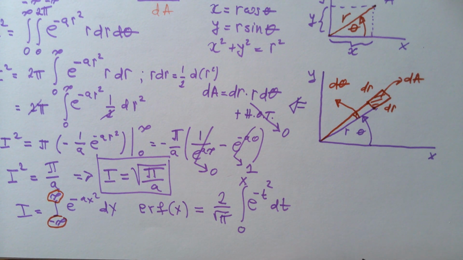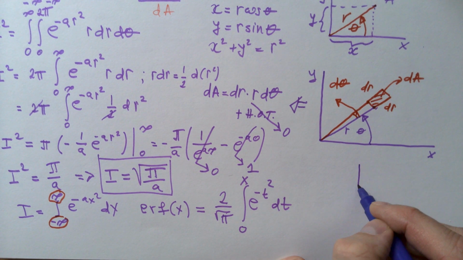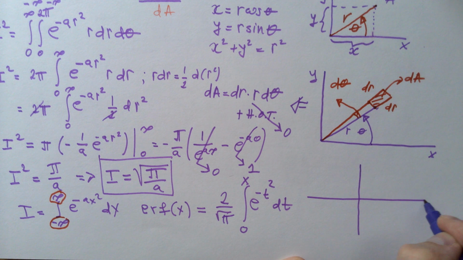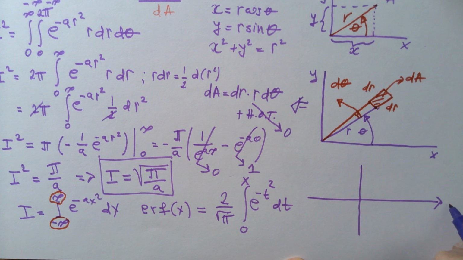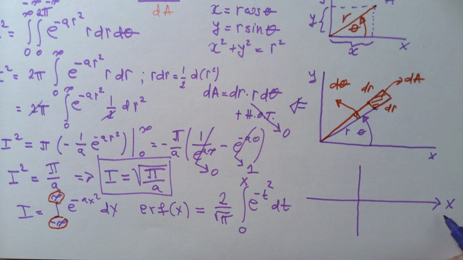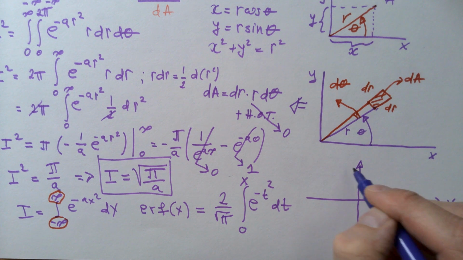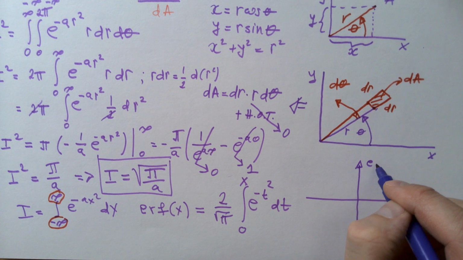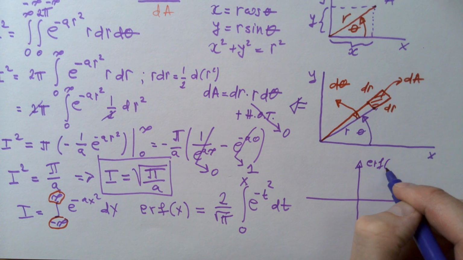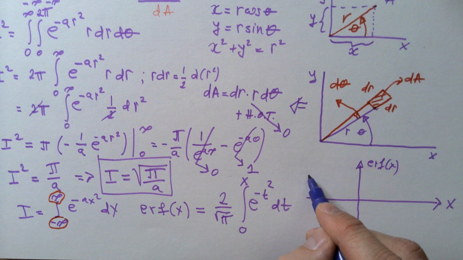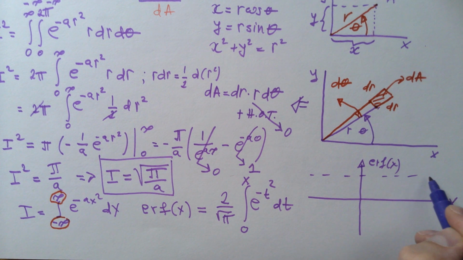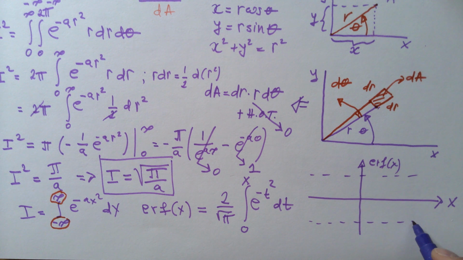How does this error function look when inputs are real numbers? Well, something like this. If here I plot x, and here I have values of the error function of x, then that function is limited between -1 and 1.